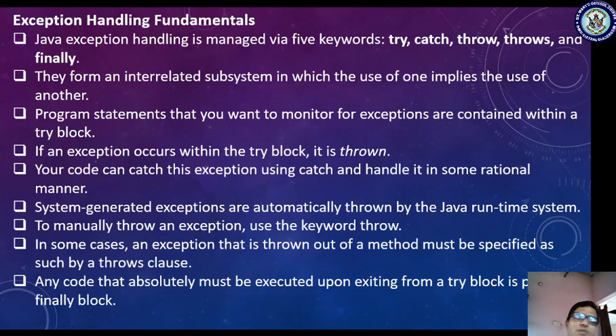In the try block you have the code; whatever mistakes happen come to the catch block and are rectified, and finally you place the finally statements, which execute after the try catch blocks.